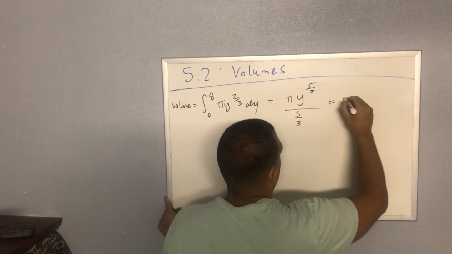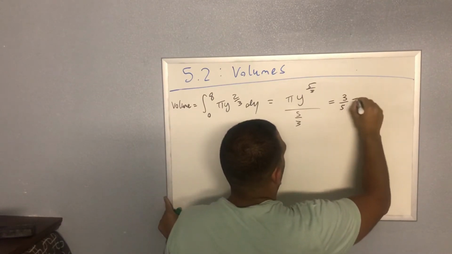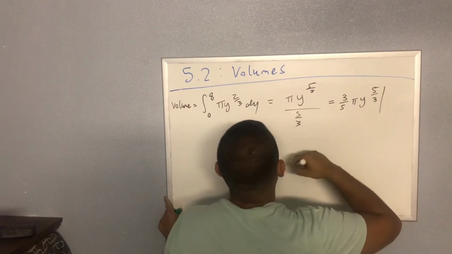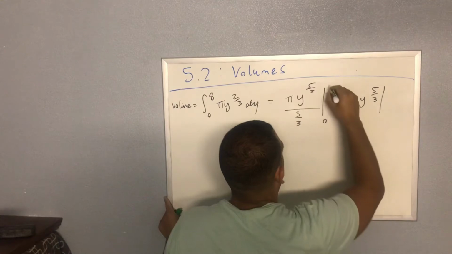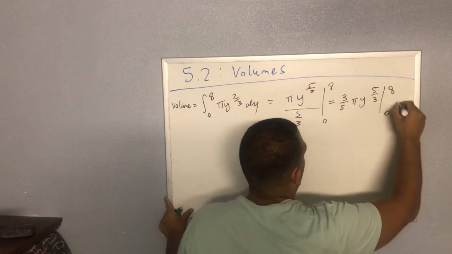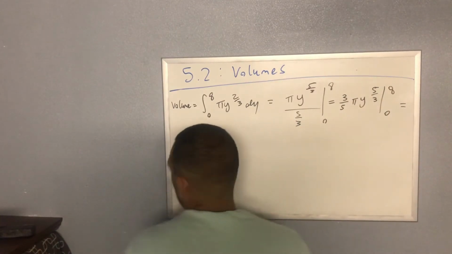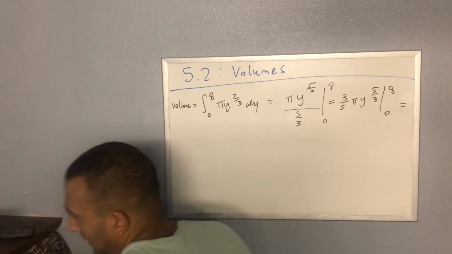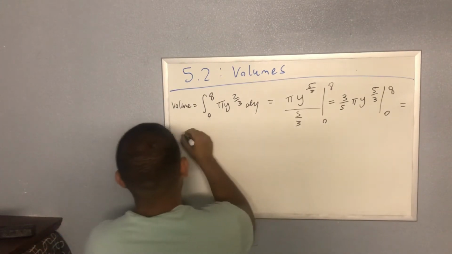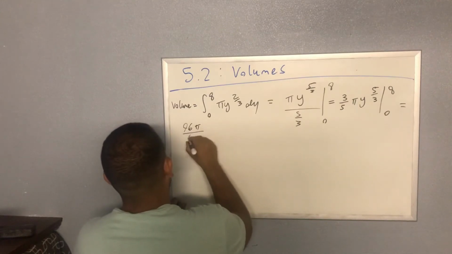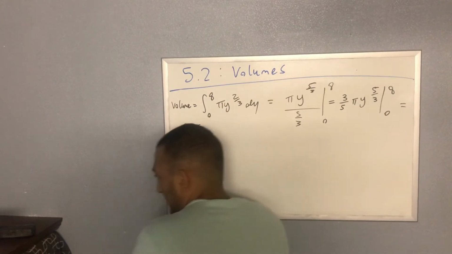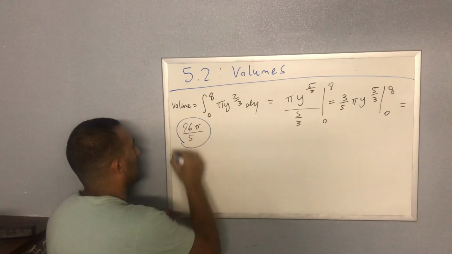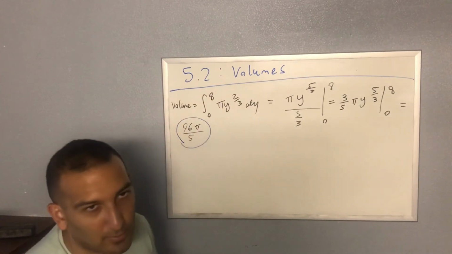So this is going to be 3/5 pi y to the 5/3 evaluated from 0 to 8. Okay, and then when the dust clears, you get 96 pi over 5. So that would be the volume of our other bowl.